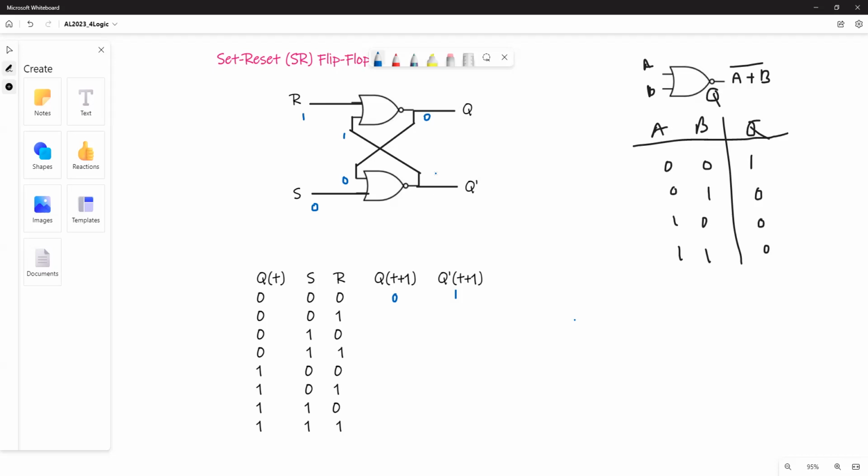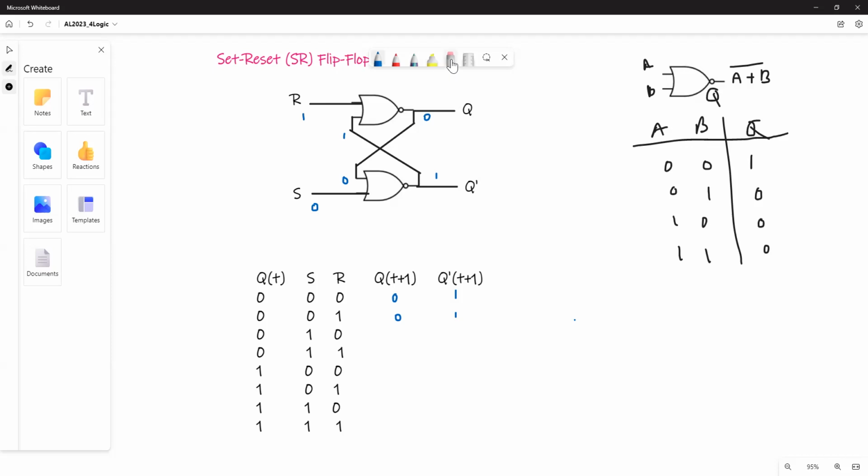Yes, this will be 1. So again, it matches with the input. So there's no issue. We can say, okay, Q is again 0. Q bar will be 1. Okay, now we have done 2. Next one.